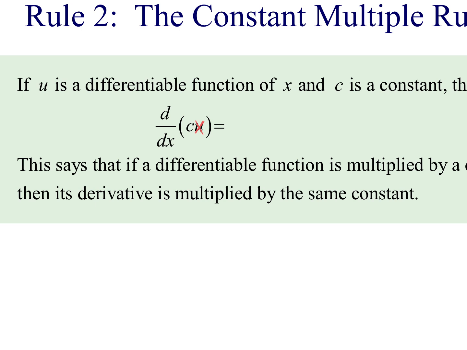Some of you are going this way, some of you are going this way, okay? A constant times x, it could be a positive constant, it could be a negative constant. If I'm asking you for the derivative, what am I asking you for? The slope. Do you need calculus for that? No. What is the slope of either one of these? Whatever c is, whatever the constant is. So the derivative of that is c. You don't need calculus for that rule.